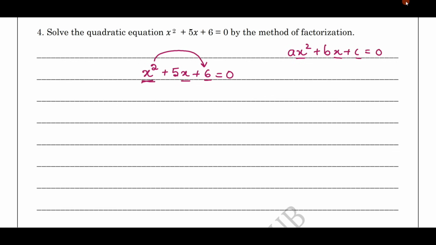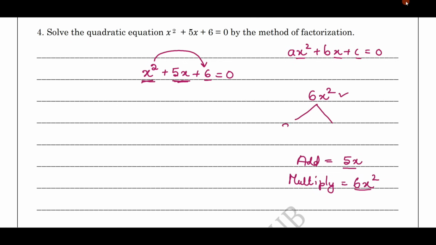Multiply x squared into 6, you'll get 6x squared. Now, find two numbers such that if you add, you should get the middle term 5x, and if you multiply, you should get 6x squared.